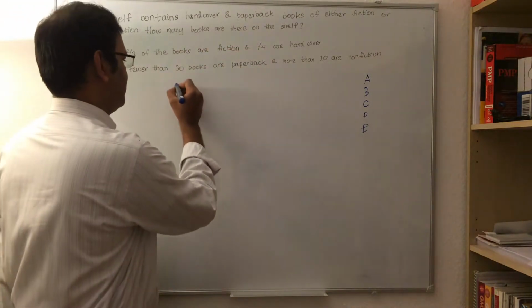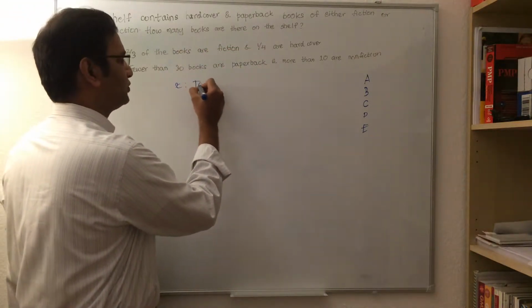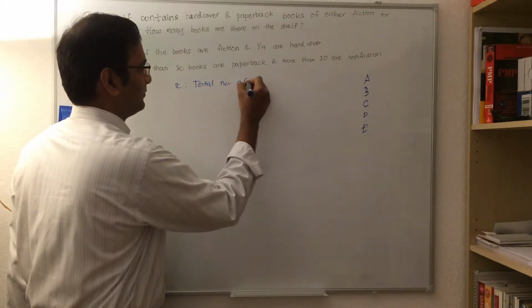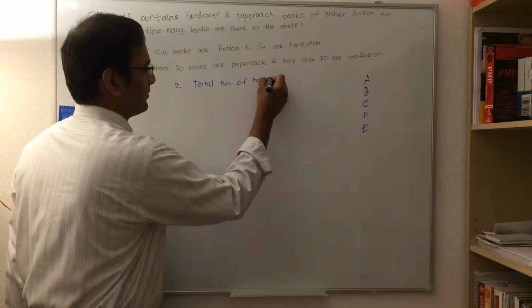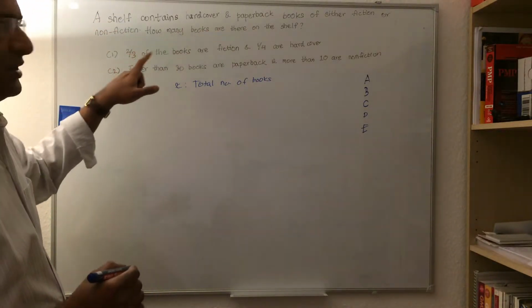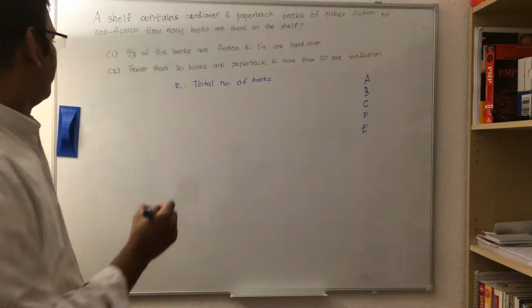So what we're asked to find is the total number of books that are on the shelf. So let us assume x to represent the total number of books on the shelf. You could also represent the different kinds of books with an alias.